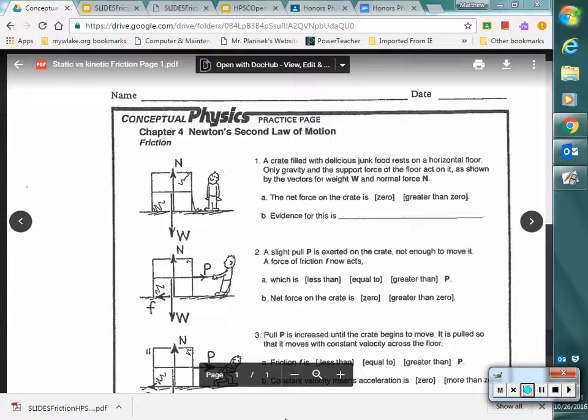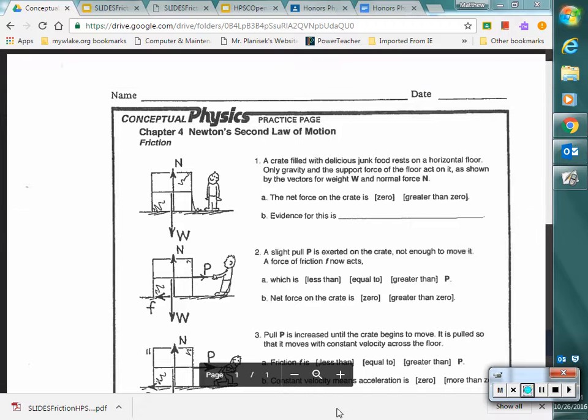So, to answer this question, the net force on the crate is 0 or greater than 0? 0. Say again? 0. What is our evidence that the net force is 0? Very good. The weight and the normal force are acting. What is our evidence for that?